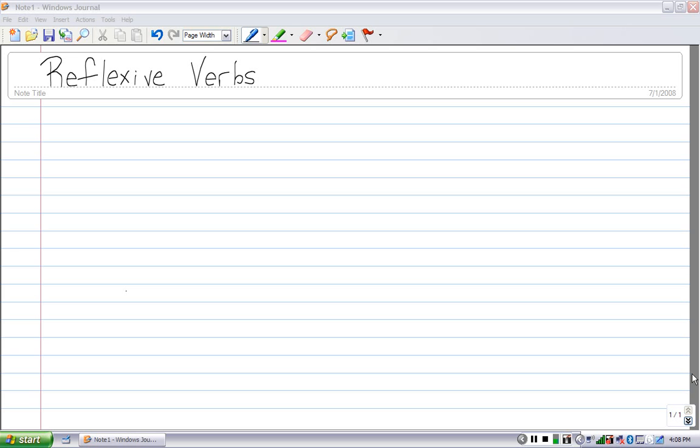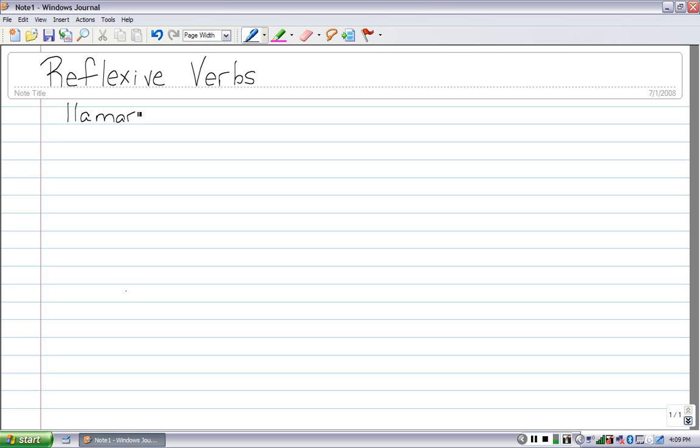The first thing that we need to talk about is how to conjugate a reflexive verb and what a reflexive verb is. A reflexive verb is generally described as any verb that has an SE on the end of the root verb. So, for example, the verb llamarse, se on the end denotes that it's a reflexive verb.